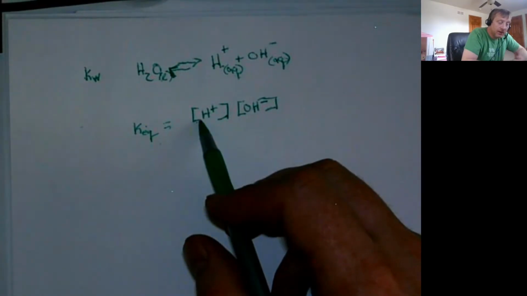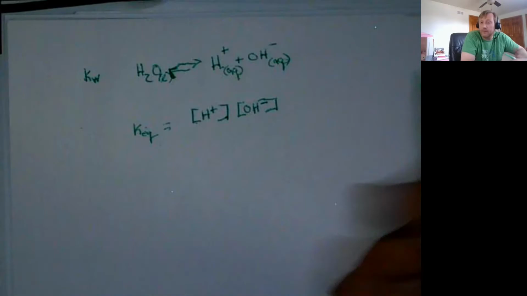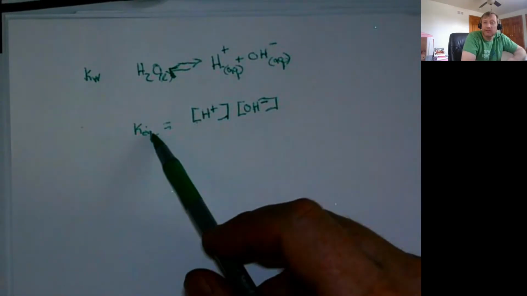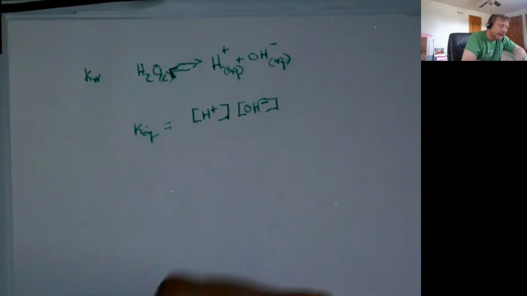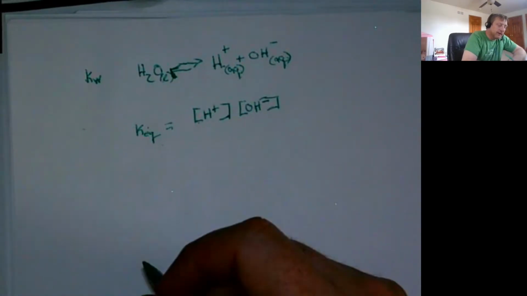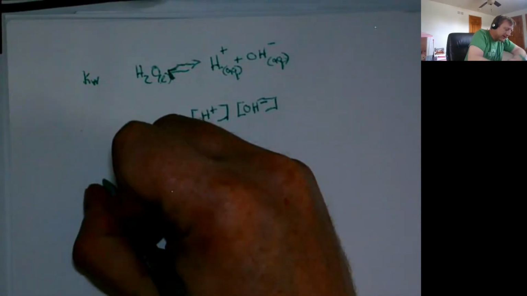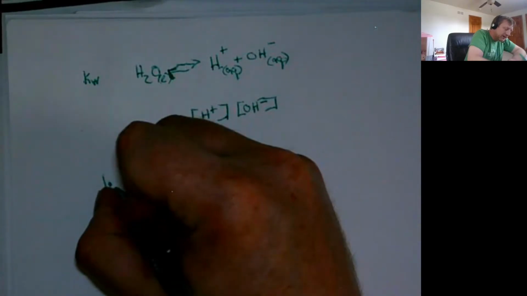Now this is going to be a useful form for us, because this value for KEQ has been experimentally determined at a range of temperatures. We're going to assume that the temperature change is not significant enough that we can't use this as a constant. It's beyond the scope of our class to start looking at changing this.